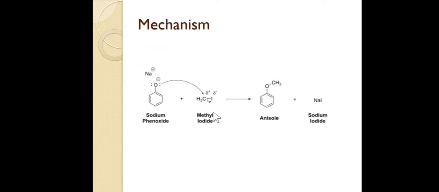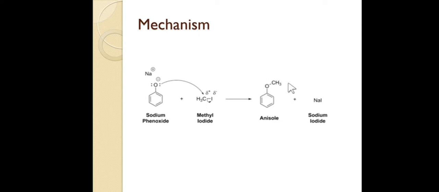The mechanism is very simple. If we have methyl iodide, just prepare the phenoxide or alkoxide with the help of a base. That O- will attack the methyl group and iodine will leave in SN2 fashion.